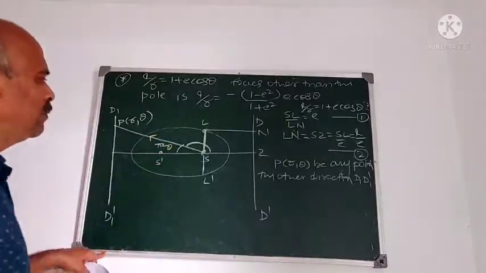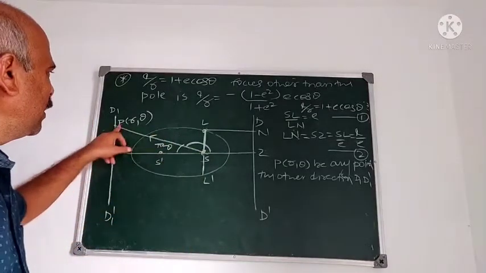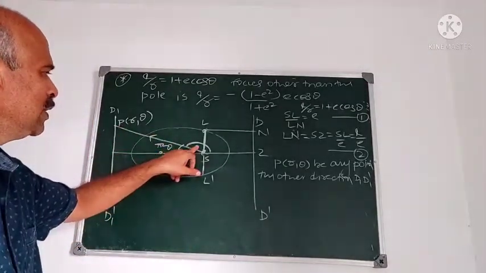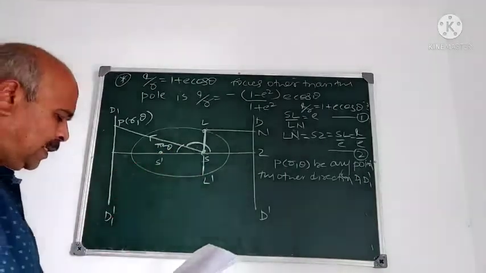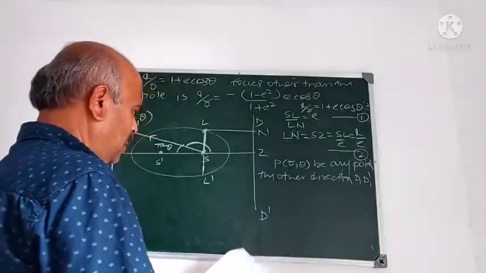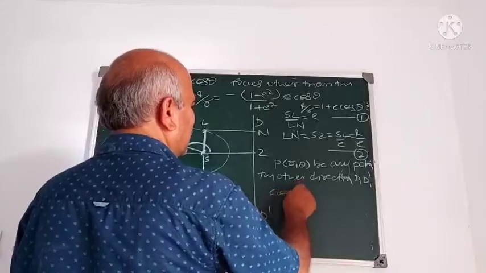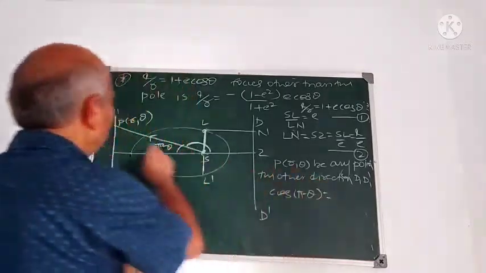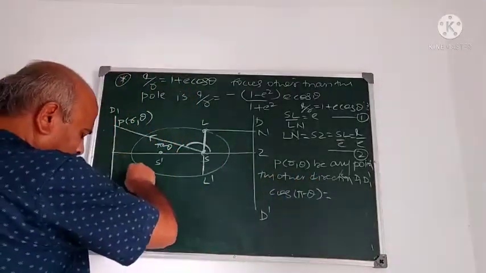The angle made by the radius vector with the positive direction is theta, so this angle is pi minus theta. Therefore, cos(pi minus theta): see this triangle, I take this as Z dash.